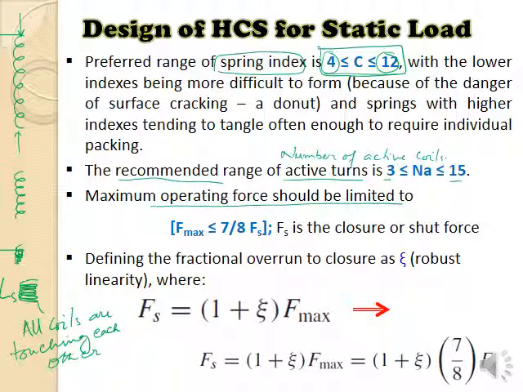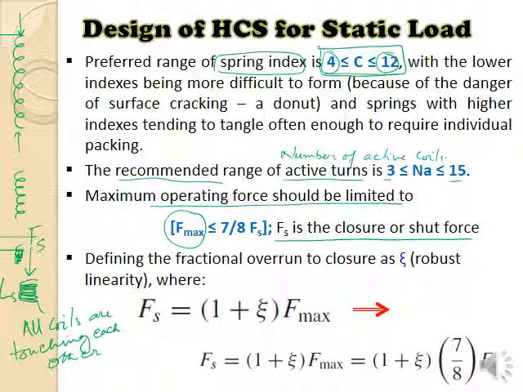And I need a force to apply to create this shut length. And that force is Fs, which is mentioned here. So we should not apply a load which will bring the spring to the shut length. In other words, the maximum force must be less than 7/8 Fs, where Fs is the shut force.